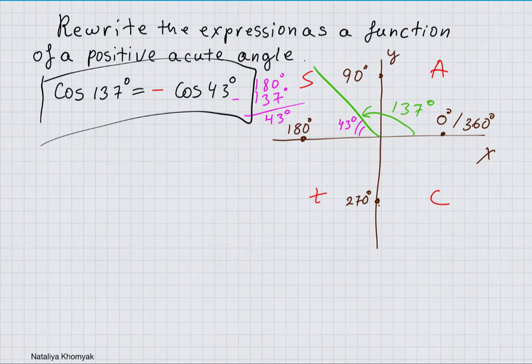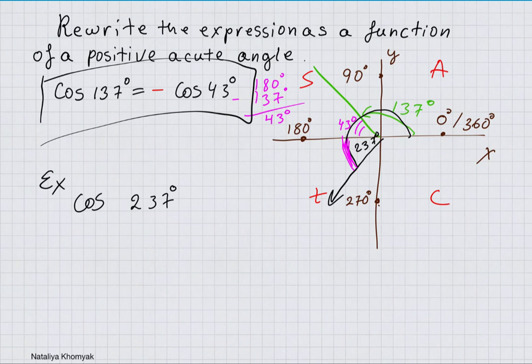Now, you are not always subtracting from the benchmarks. Let's do a similar example. Let's say we have cosine of 237 degrees. Now this angle would fall in quadrant 3. So this would be our angle over here. The whole thing would be 237 degrees. We would be looking for this piece.